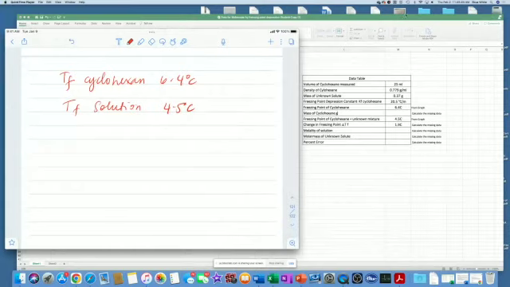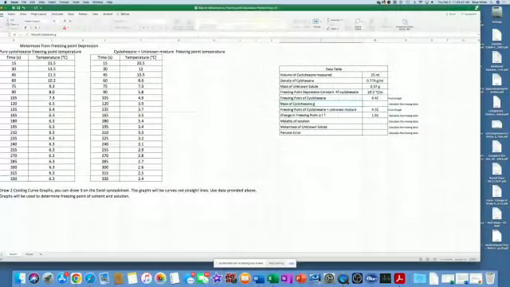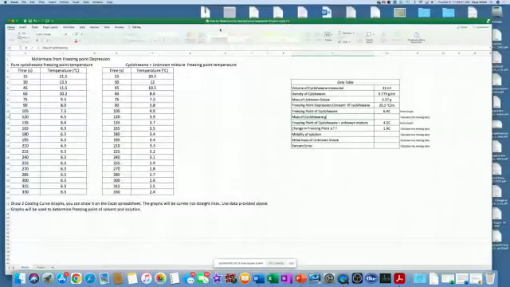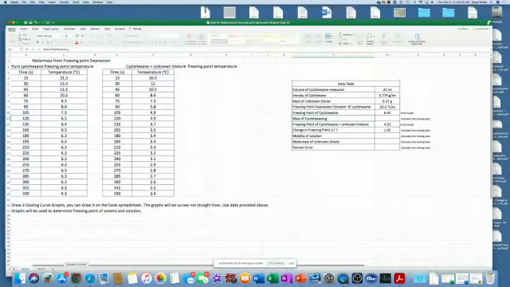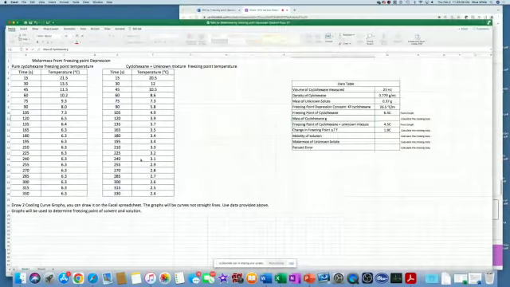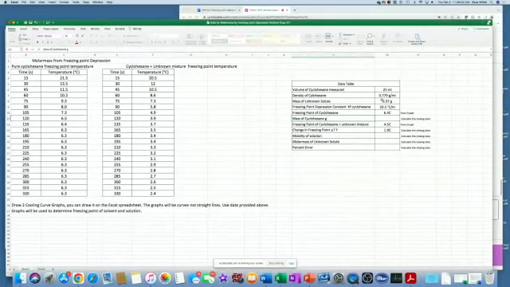Yes, grams per milliliter. Dominic, the 0.37, that's grams, but it goes with the unknown, not cyclohexane.